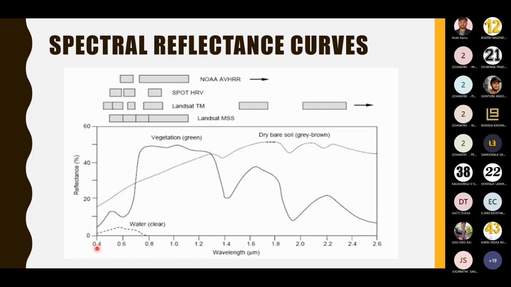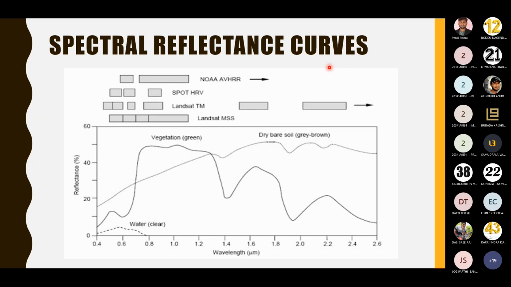Whereas in the case of soil, close to 15% of the energy will be reflected back into the atmosphere at the 0.4 micrometer wavelength region. Similarly, you can study how these different objects interact at different wavelengths of electromagnetic energy, that is at 0.6, 0.7, and 0.8 micrometer. Once you plot the graph for these interactions, you get spectral reflectance curves.